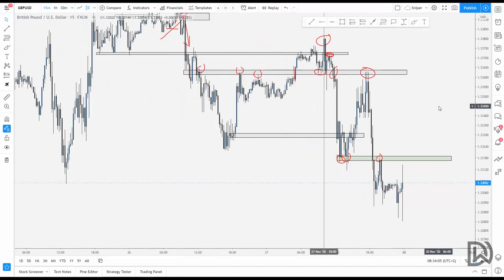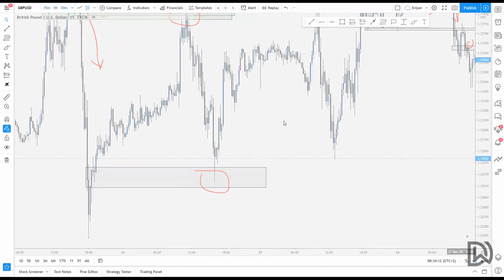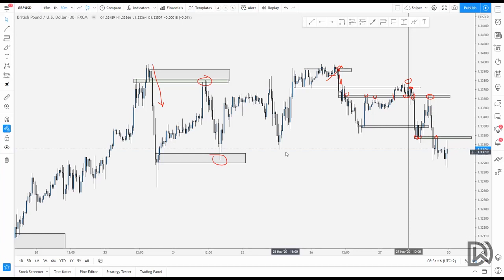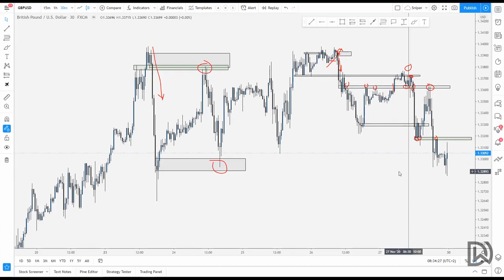So that in short is the combination of order blocks and wick zones. I hope it makes sense to you, and if you need more information on order blocks, you're welcome to Google it. There's a lot of information out there on order blocks, and this is just a quick example of how we use order blocks.